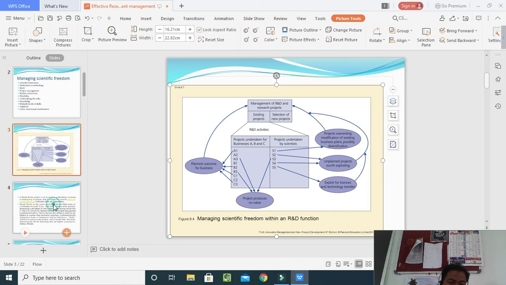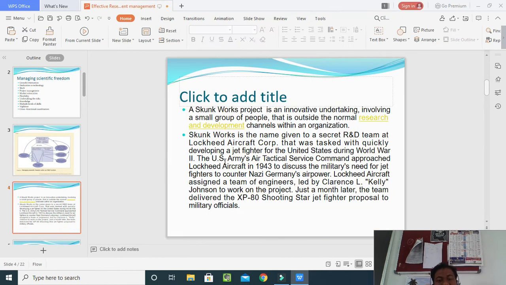Now we will go for another term, that is skunk work. A skunk project work is an innovative undertaking involving a small group of people that is outside the normal research and development channels within an organization. Skunk work took place in World War II during the Hitler time, when Germany wanted to launch its new project.